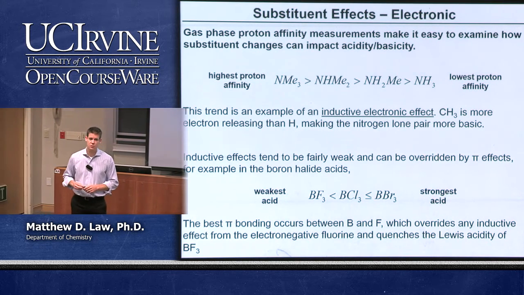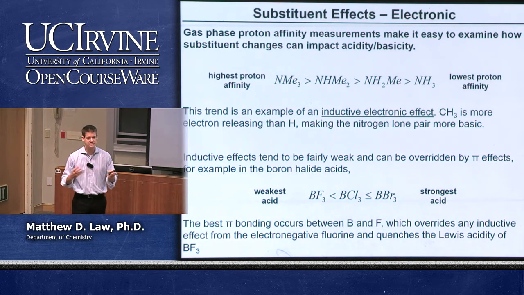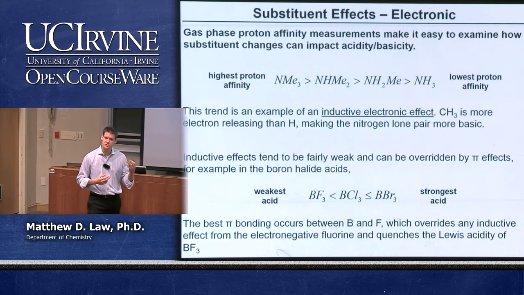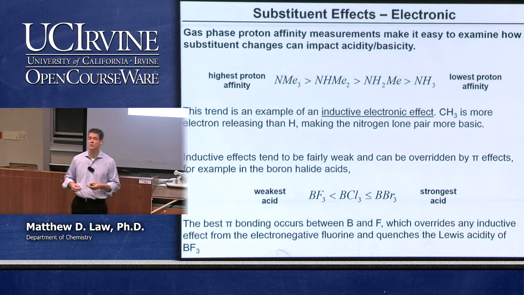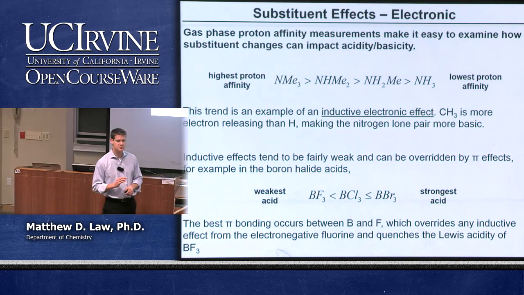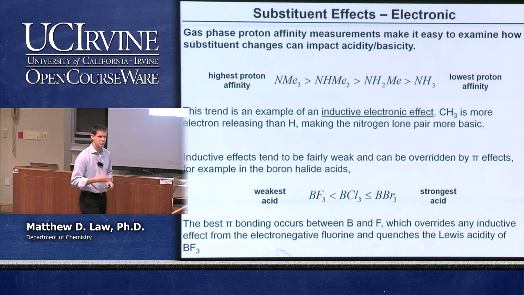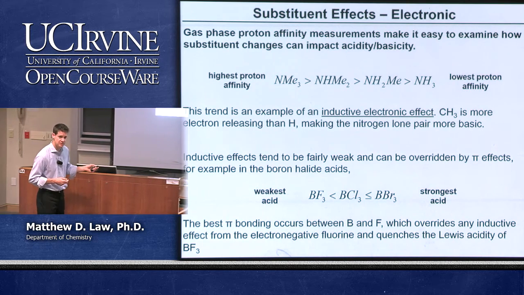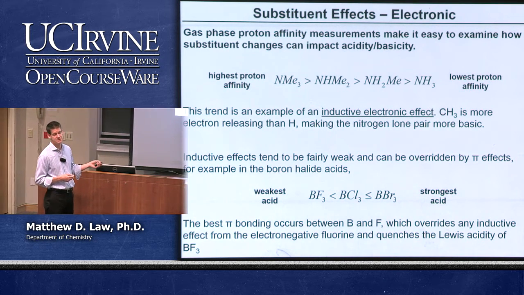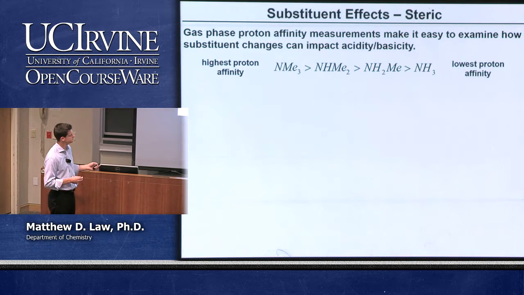Of course, when you have much more complicated molecules, the trade-offs, the competition between strict inductive factors, pi effects, steric effects, and other things can be quite complicated. So these are intended to show some sort of general trends. But again, when we look at more complicated molecules, it's not necessarily simple. And in many cases, it's impossible to say what's going to be more acidic than what without doing measurements.